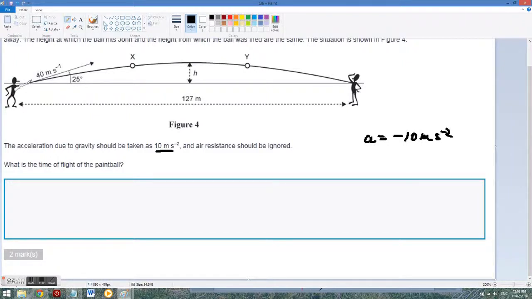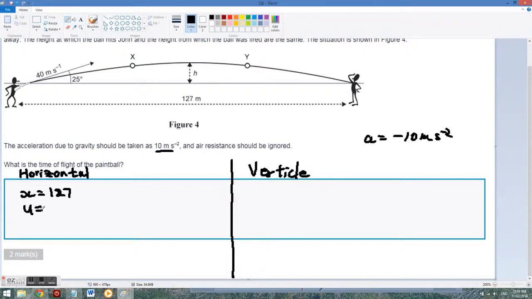Just remember in this case, let's put everything in horizontal and vertical components. Let's organize everything in the vertical components. Horizontally speaking, my x displacement will be 127.